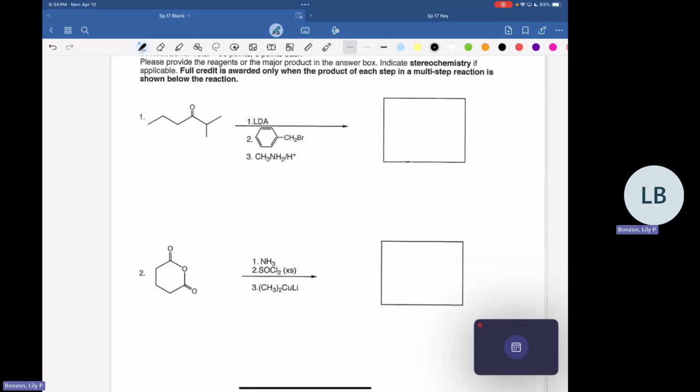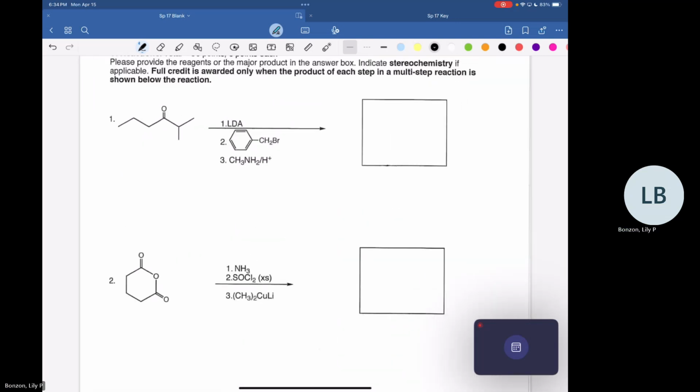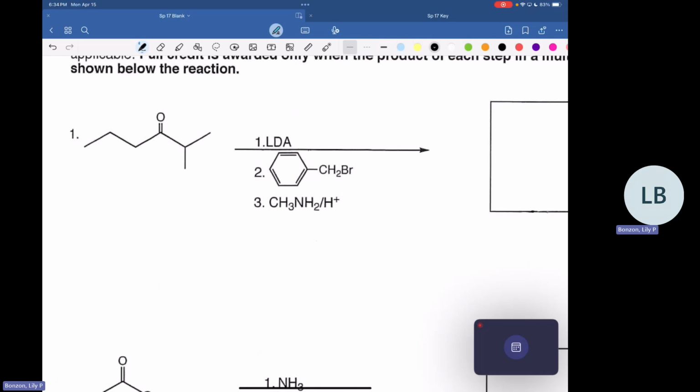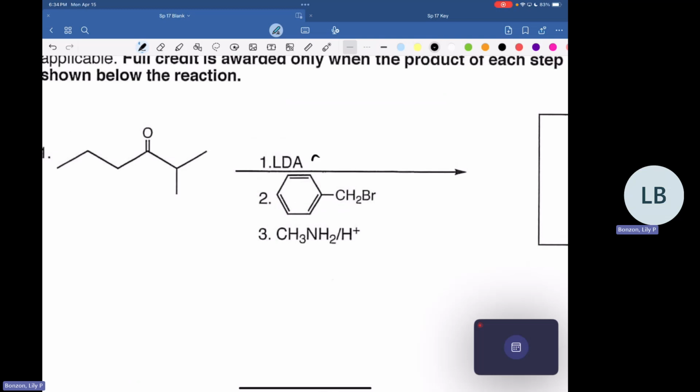Okay. All right, so we're going to get started with our reactions. We have LDA for our first reaction. This is going to be a deprotonating agent, but specifically a bulky deprotonating agent.